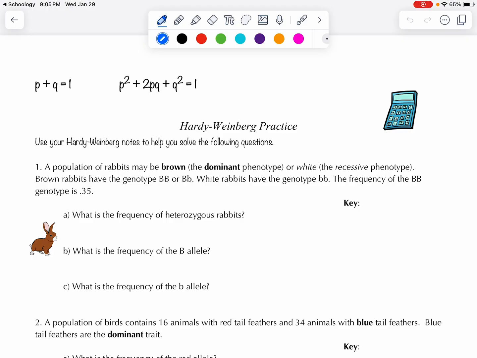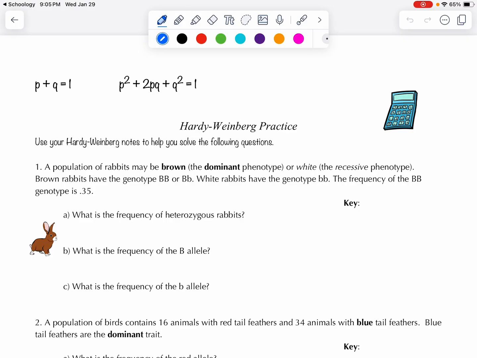All right, so the first problem here is a population of rabbits that may be brown, which is the dominant phenotype, or white, which is recessive. Brown rabbits have the genotype capital B, capital B, or capital B, lowercase b. White rabbits have the genotype lowercase b, lowercase b.